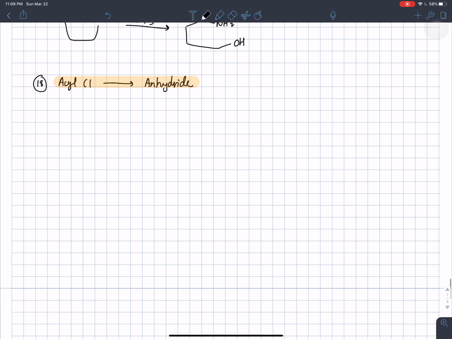Okay, so if you have acyl chloride, you can turn it into an anhydride if you put it through NaO that. So you just have to put it through that, and because Cl is a better leaving group, it's going to make it leave. By the way, the side product here is just NaCl, if you want to know.